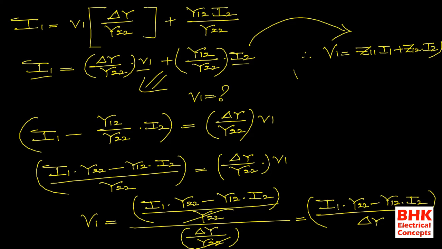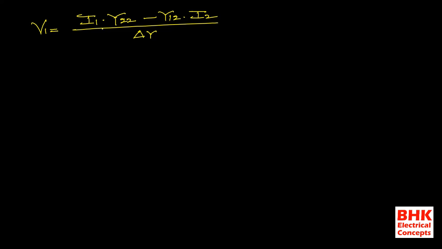Now again simplify this last expression. So finally we got v1 is equal to (I1 into y22 minus y12 into I2) whole divided by delta y.